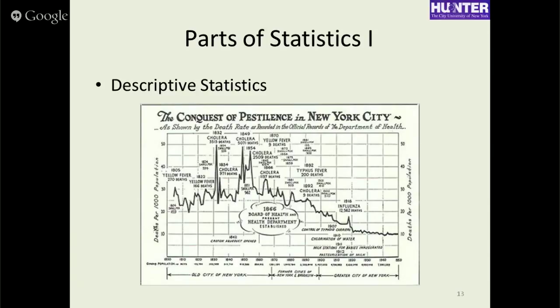This is all hand-drawn. And it is showing on our x-axis, our independent axis, time. This is year. And on the y-axis, the dependent axis, it's showing deaths per 1,000 population. So that's a mortality rate, something that we'll talk about a bit more later. But you can just watch it change over time.